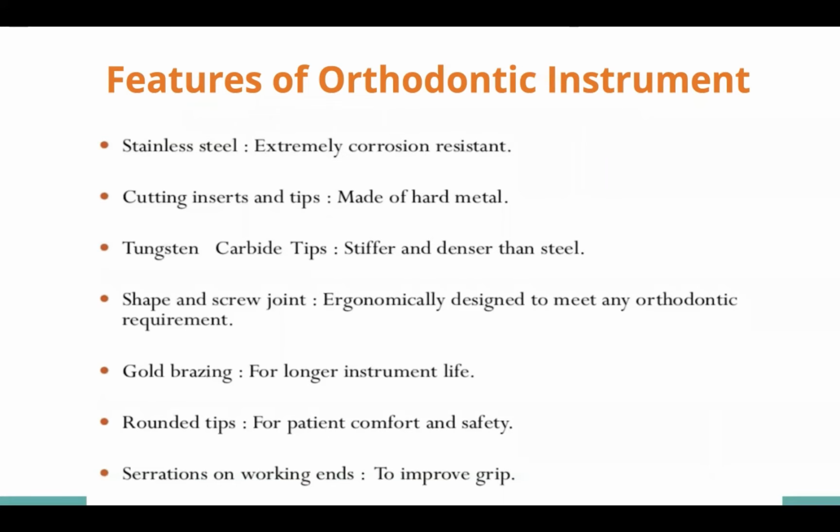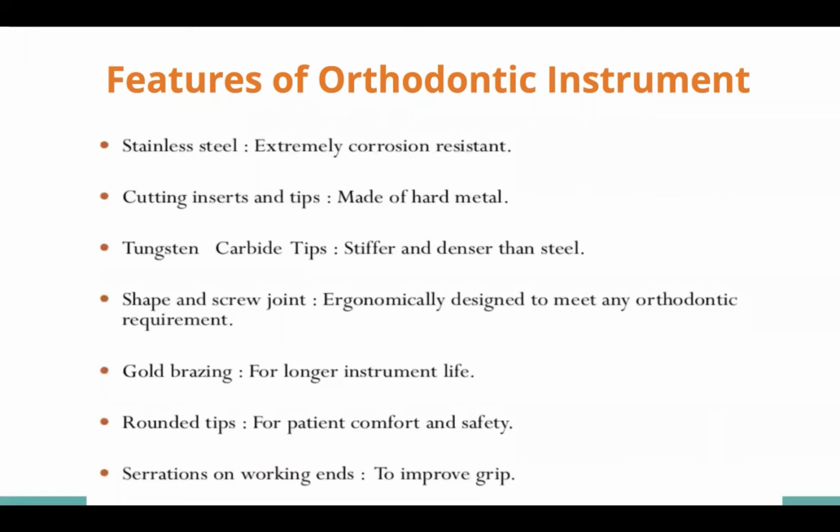Then these instruments have a box and screw joint, which is designed to meet the requirement of the orthodontist to open and close, so you don't have stress and strain in your joints. Then they are usually gold brazed to increase the instrument life. They have a rounded tip, so they don't poke, and they are comfy and safe to use inside the patient's mouth.